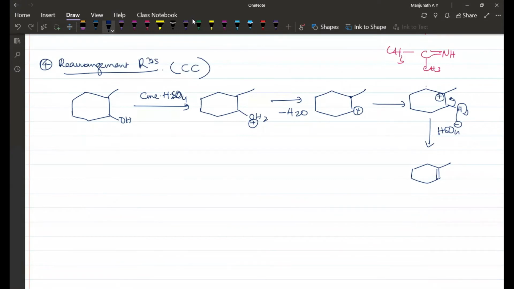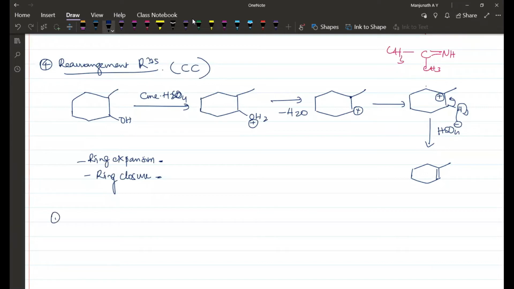So this is a simple rearrangement. Now rearrangement can sometimes give rise to ring expansion, and it can also give rise to ring closure. Generally, ring closure is not so much highlighted. Ring expansion they do highlight in JEE Mains as well as NEET, at least in JEE Mains. So you should know it.